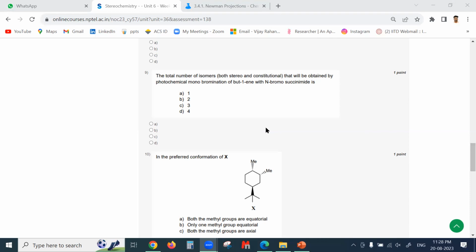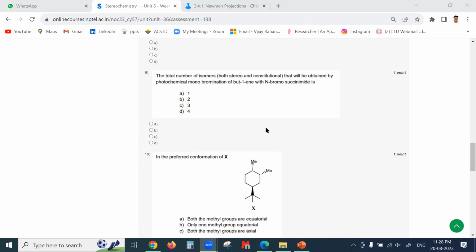So draw the structure of this but-1-ene and perform the reaction with N-bromosuccinimide. You need to draw what products are possible.